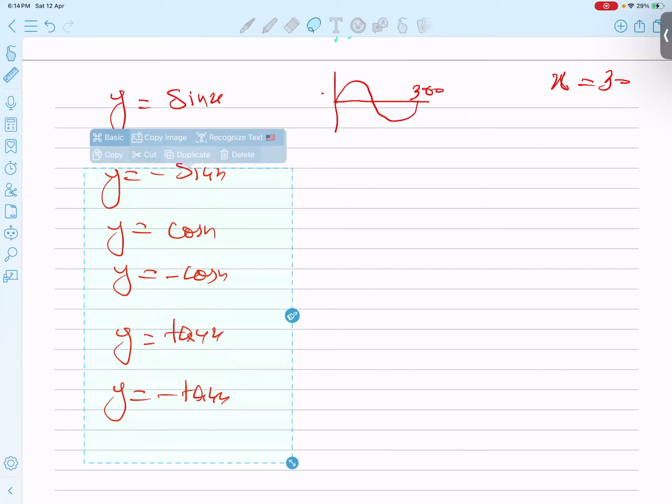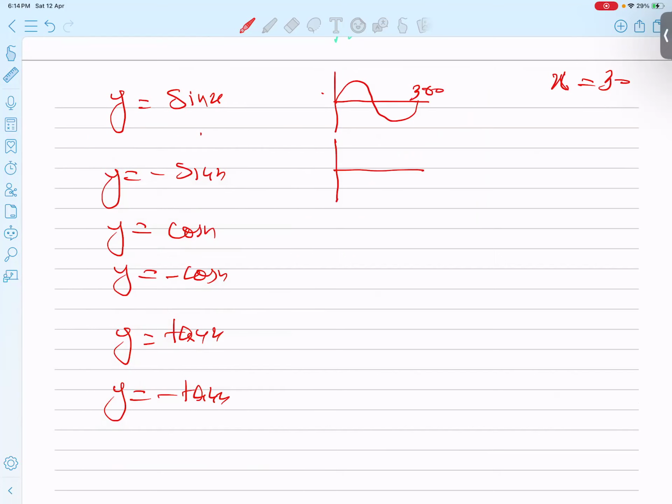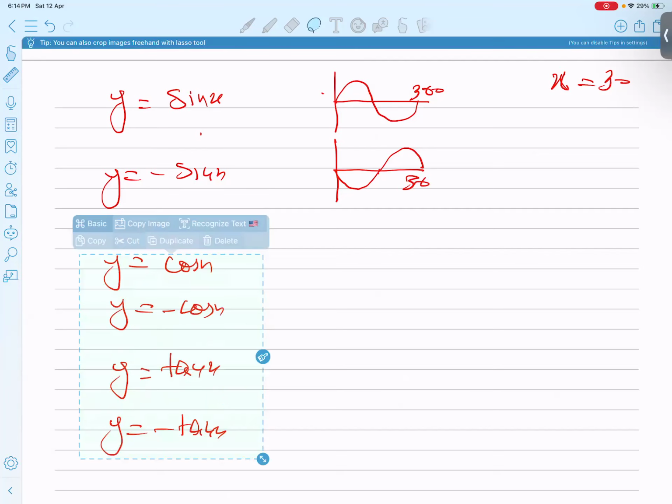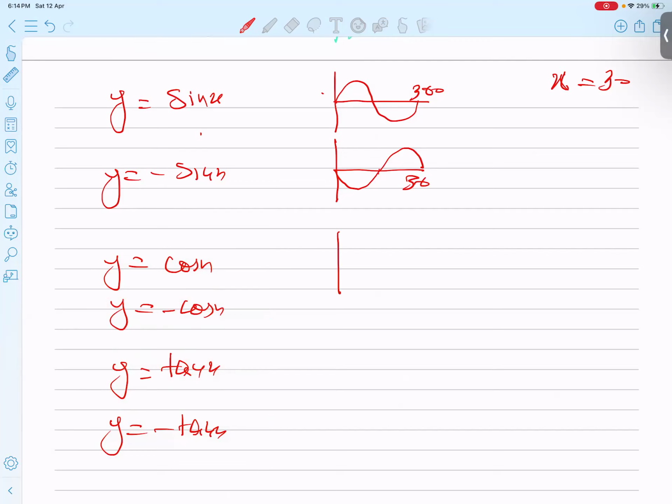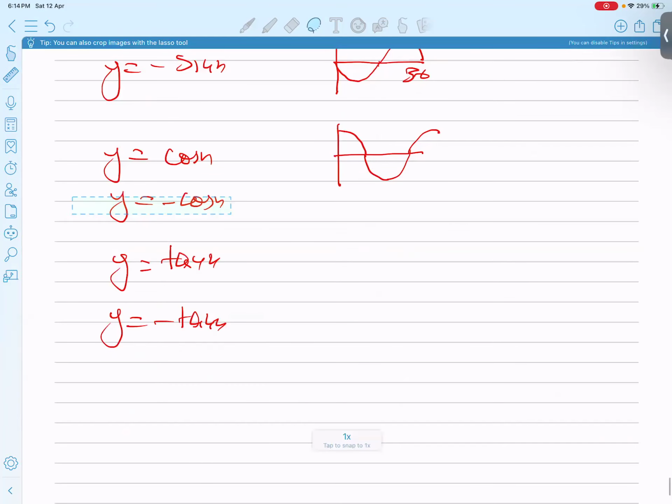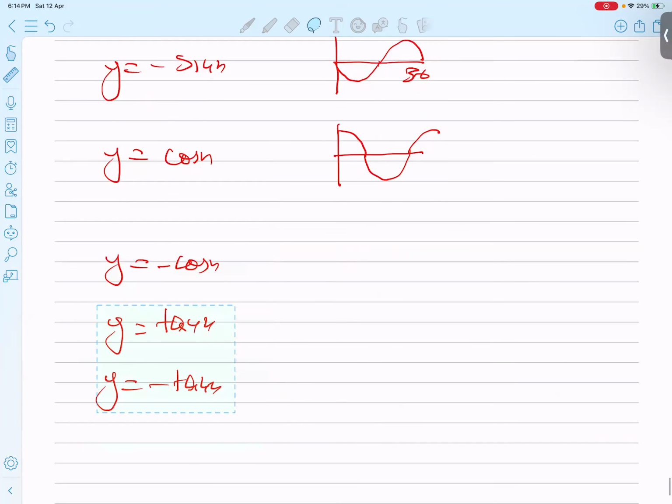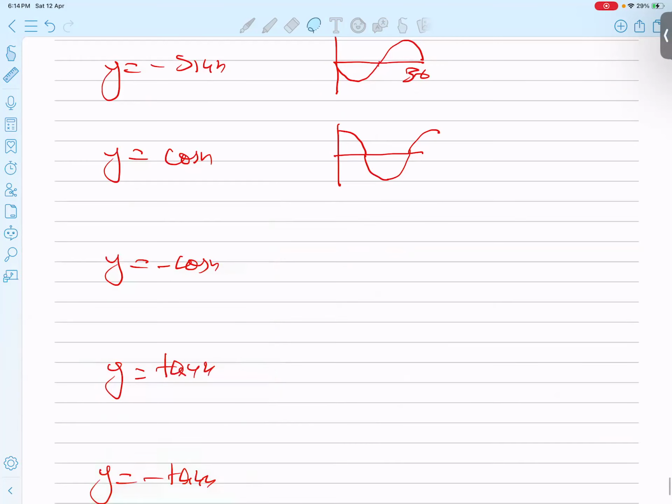And for the other graph, with negative amplitude, you will start the graph from here, ending 360 degrees. Okay, and I'm telling you in advance. The cos graph will start from the top, will be like this. Make sure. And then I'm showing you all graphs so you can understand.